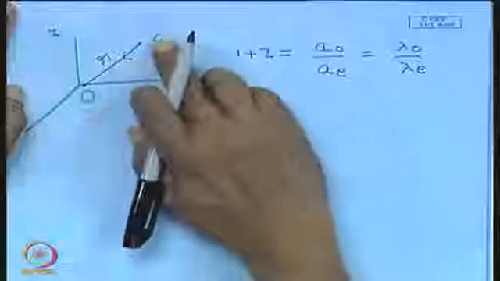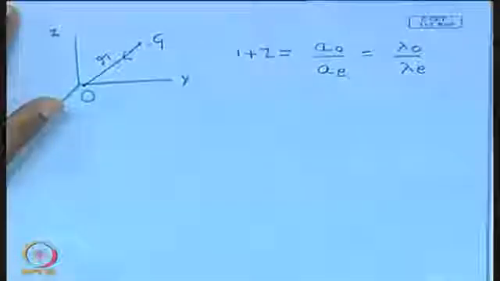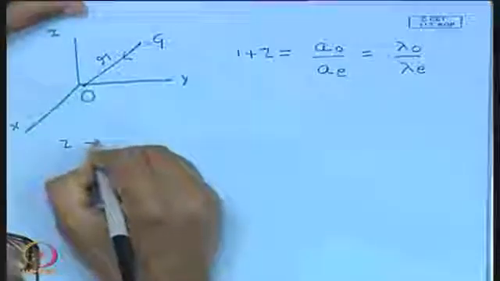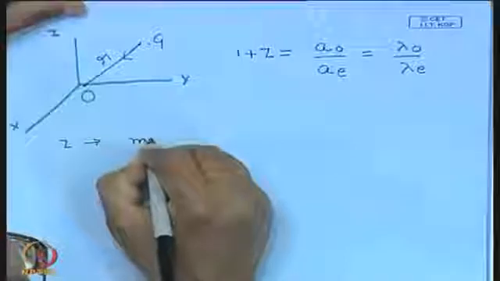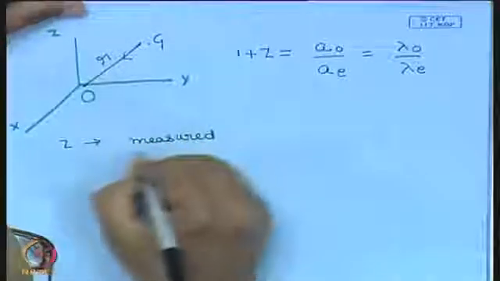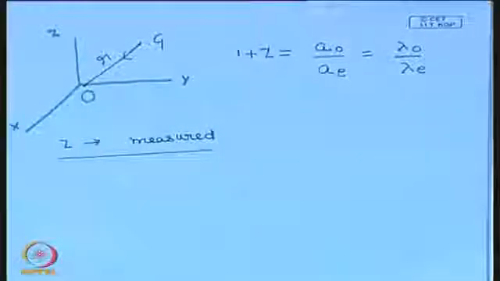So an observer on Earth will essentially be able to measure the redshift of the galaxy. For any cosmological astronomical sources at a cosmological distance, the redshift is the quantity which is normally directly measured.